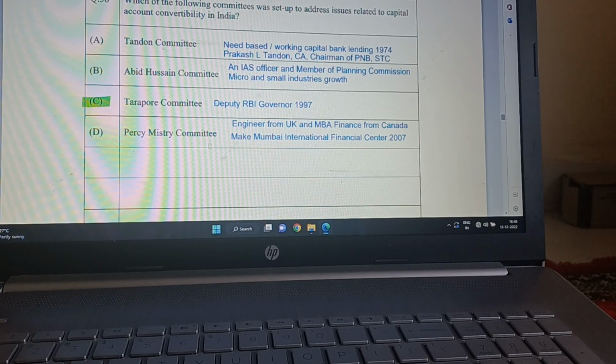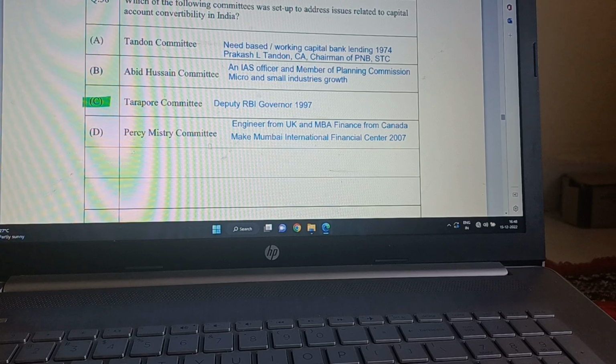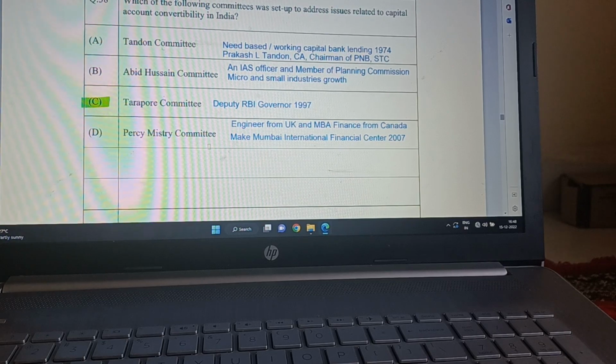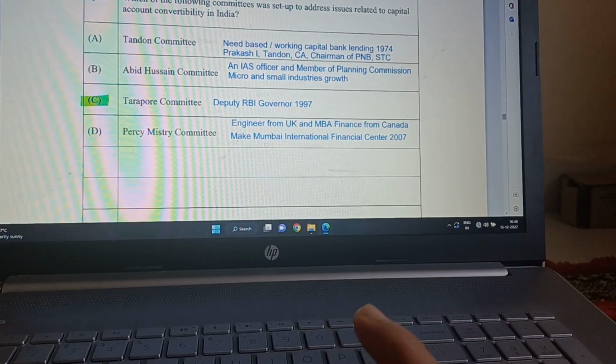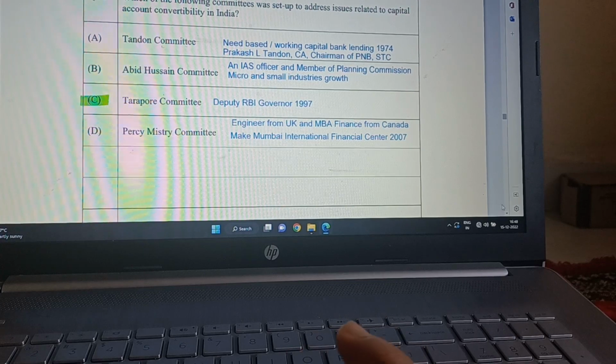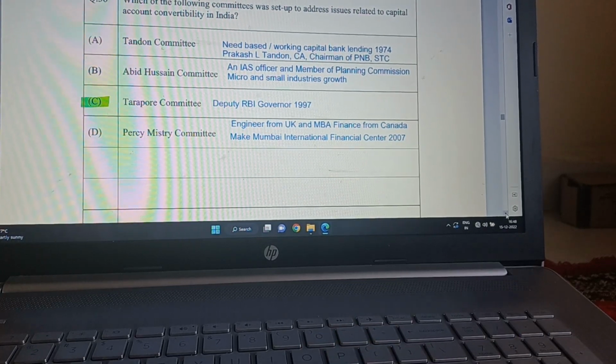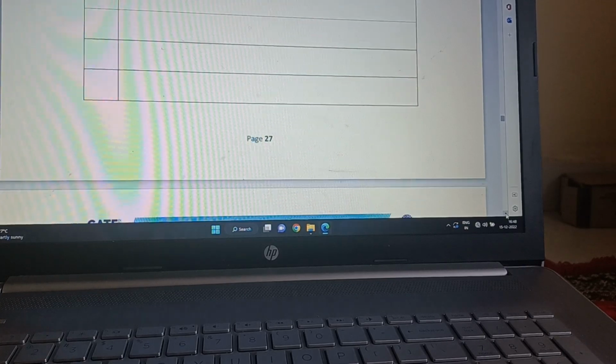So he runs his consultancy, and his aim was to study how Mumbai could be an international financial center after New York and London. But now the government has changed, and Modi government is not interested in taking his recommendation seriously. So that's fine. So the answer to question 38 is C. It was Tarapore committee who had studied this capital account convertibility in India.